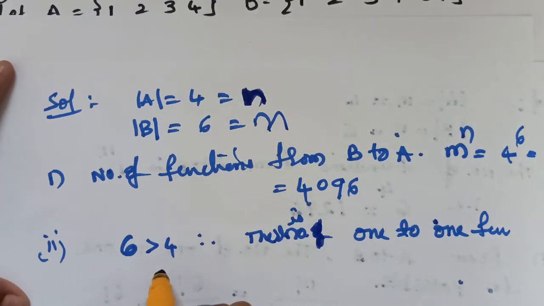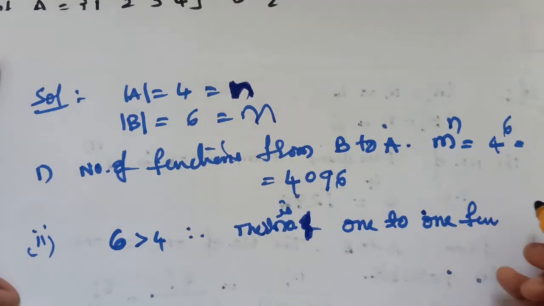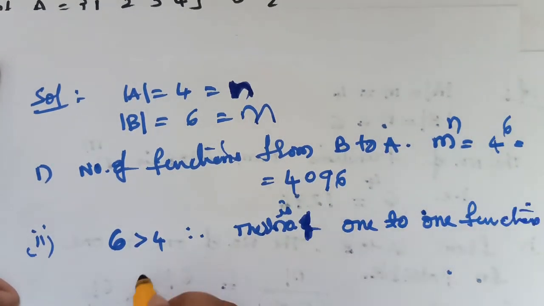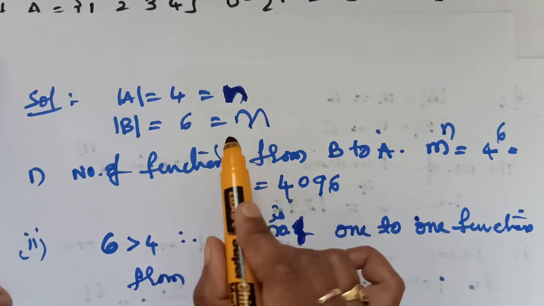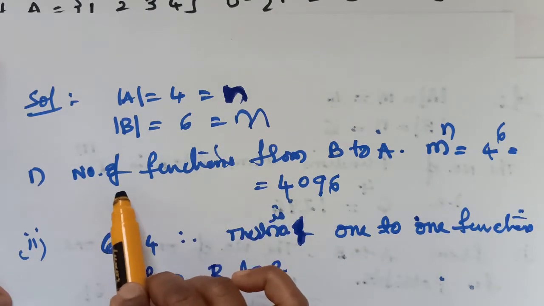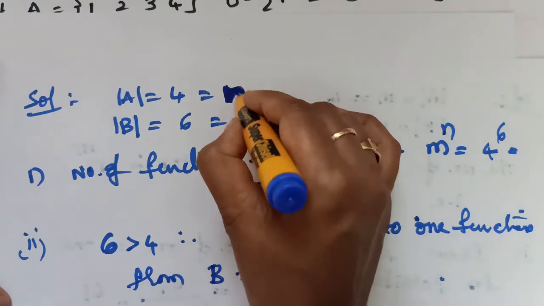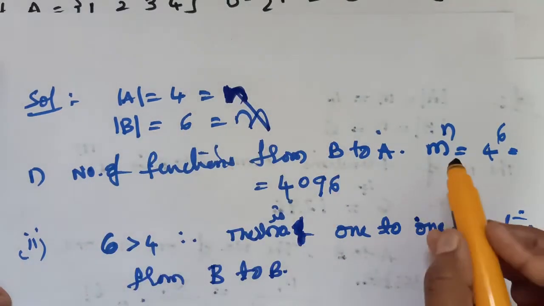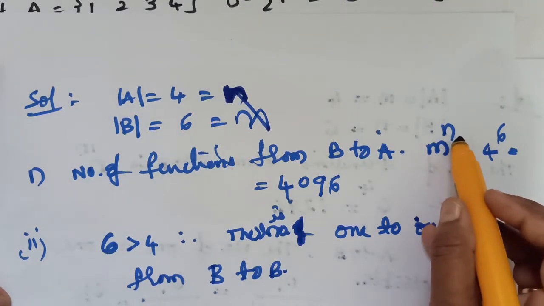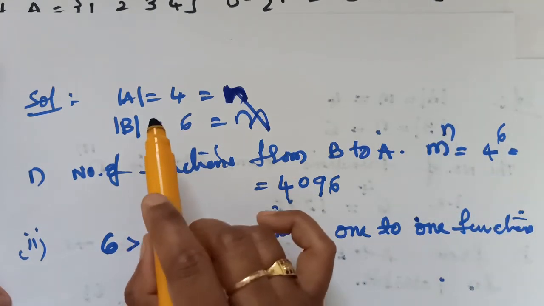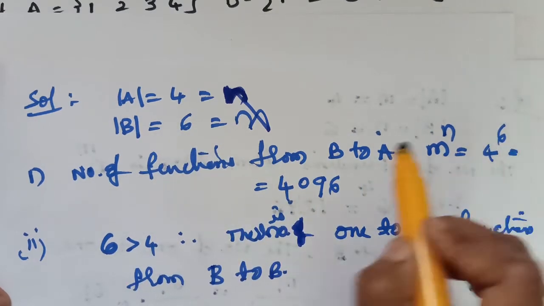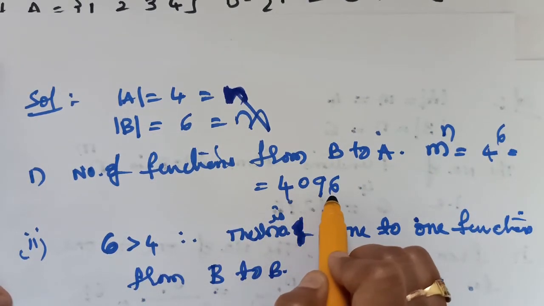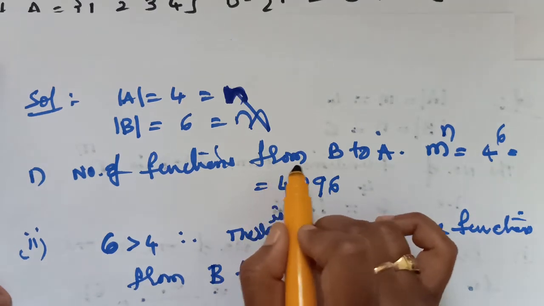If m is greater than n, there is no 1-to-1 function from B to A. When you are calculating the number of functions from B to A, m power n is the formula, n is 6 and m is 4, therefore 4 power 6, that is 4096 possible functions from B to A.